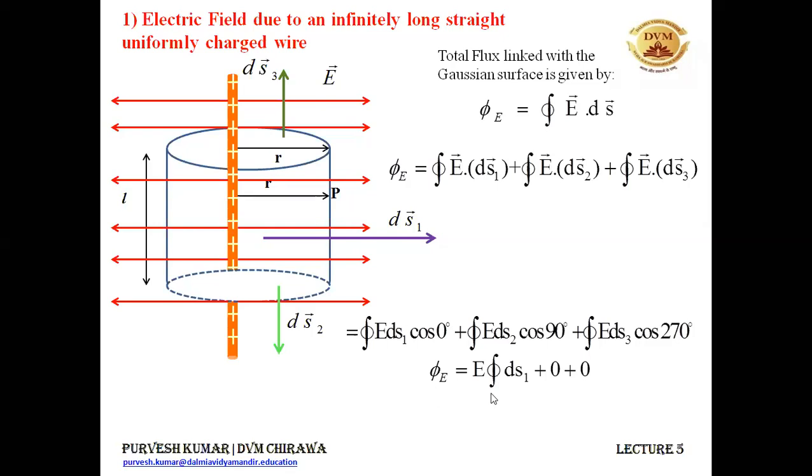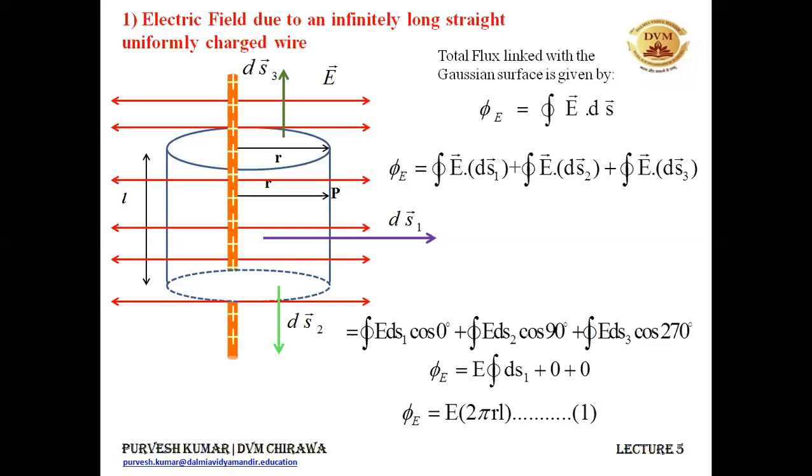All right. So the integration of ds1 is the integration of the curved surface area of the cylinder, and we all know the curved surface area of a cylinder of length L is 2 pi RL. So when I integrate this ds1, it will be equal to the curved surface area of the cylinder, and that is equal to 2 pi rl. From our maths, we know that the curved surface area of a cylinder comes out to be 2 pi rl, where L is the height of the cylinder.